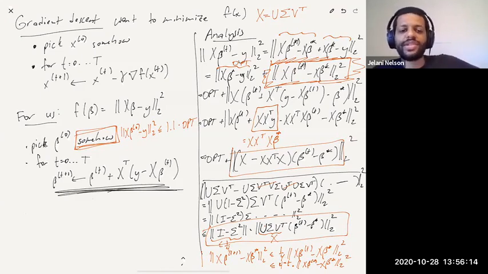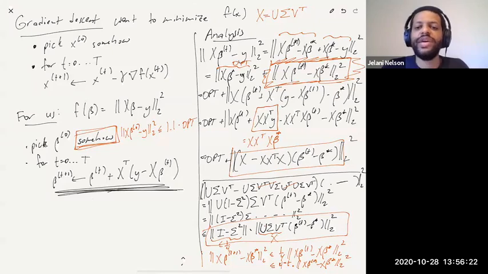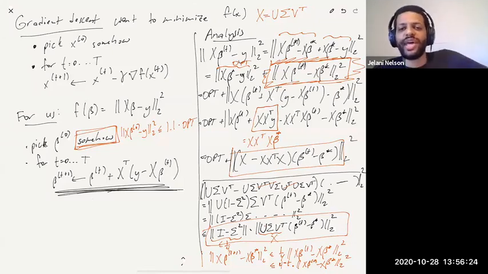One of the downsides of sketch and solve is that your runtimes have this dependence on 1 over epsilon squared, or even, if you do the Charlotte approach with AMM, 1 over epsilon, but whatever. Either way, your dependence on epsilon in sketch and solve is going to be poly 1 over epsilon. So if you want really good error, like machine precision, then epsilon is going to be tiny. You don't want runtimes that depend on 1 over epsilon. That's terrible.